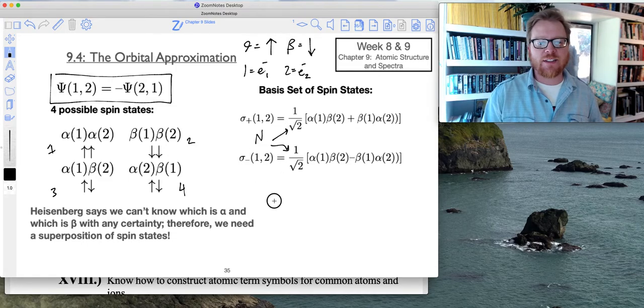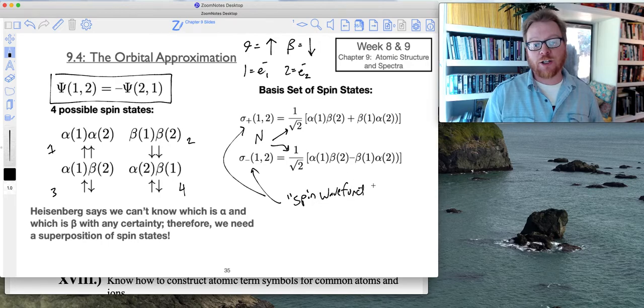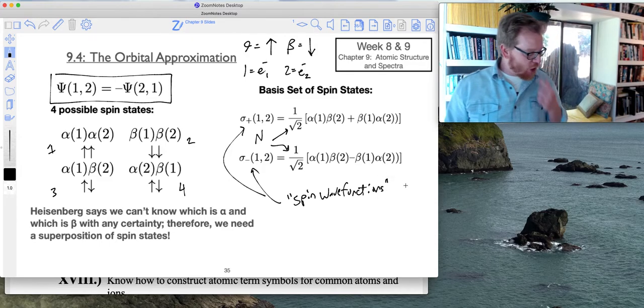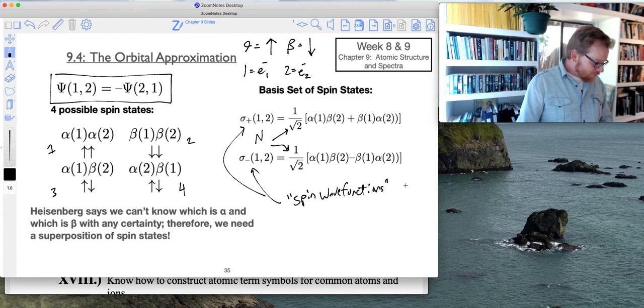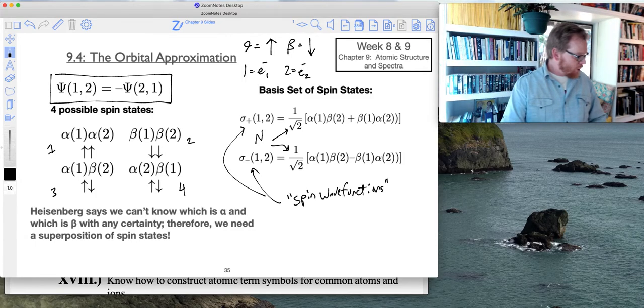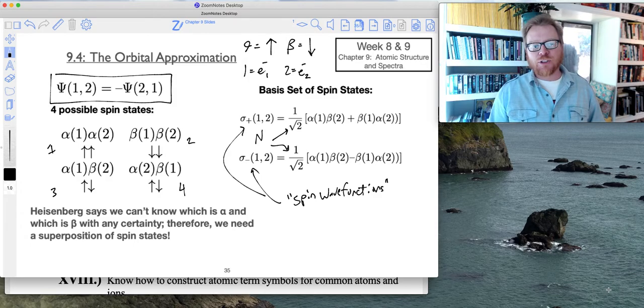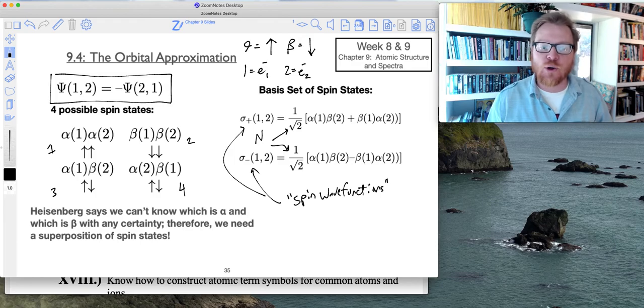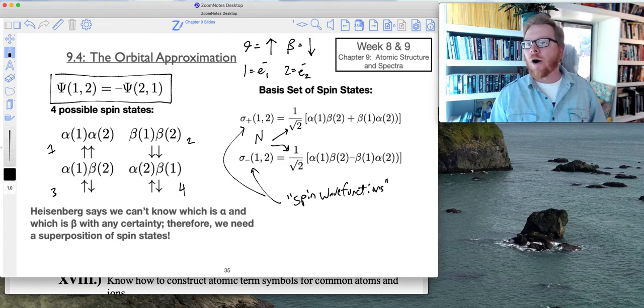It's important to note these sigmas are the spin wave functions, which we're not going to go into. I'm not going to come up with equations for all of those. They're just an additional portion of a wave function we would add to a multi-electron atom that describes those spin states. It actually has to do with the fact that the electrons are interacting.